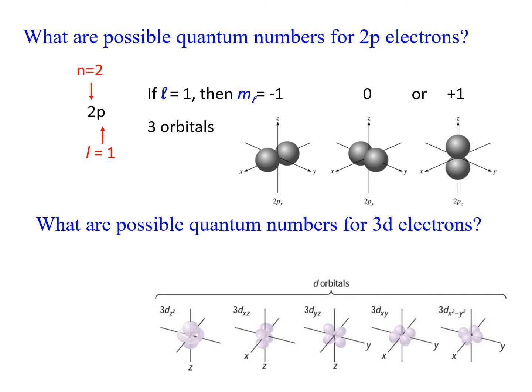We're in the 3rd quantum shell, so n is equal to 3. L is equal to 2. And if L is equal to 2, then m sub L can be equal to -2, -1, 0, +1, or +2.